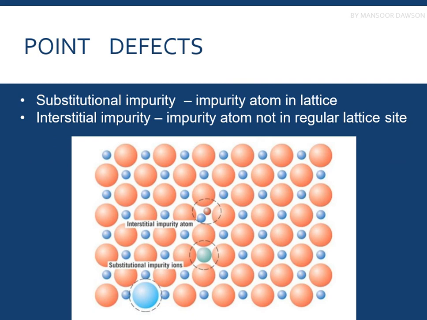Continuing with point defects, we have the substitution impurity, an impurity atom in the lattice. You can see the substitution impurity atoms and the interstitial impurity atoms, not on the regular lattice site. In real life systems, we also have certain impurities which are not desirable.